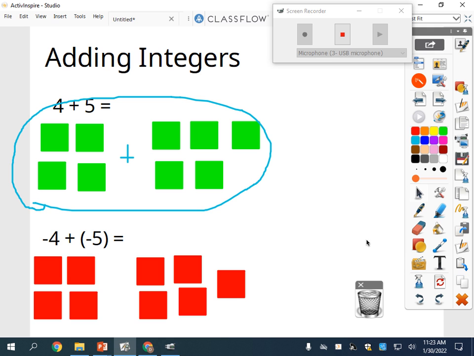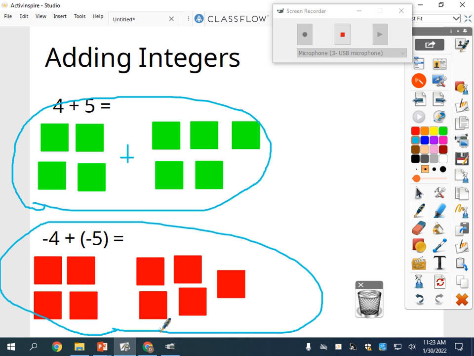They're gone. Right here, there are no zero pairs. So we just put them all together and we get a negative 9. That's how to add integers that are the same type, either both positive or both negative, when you add them together.